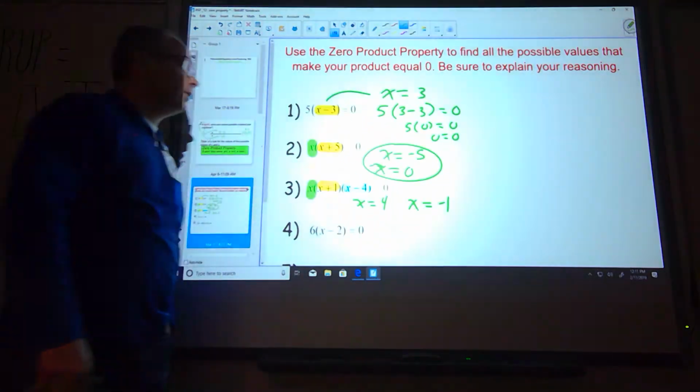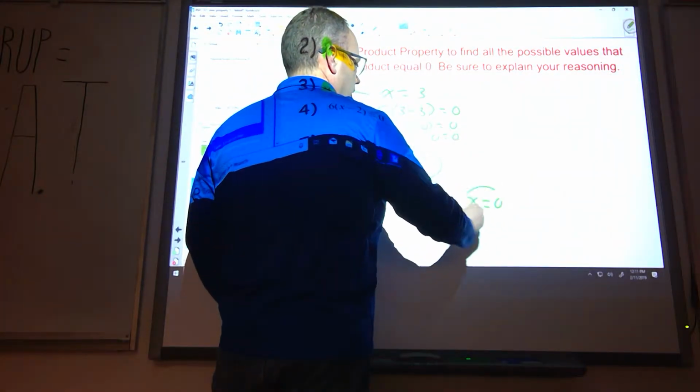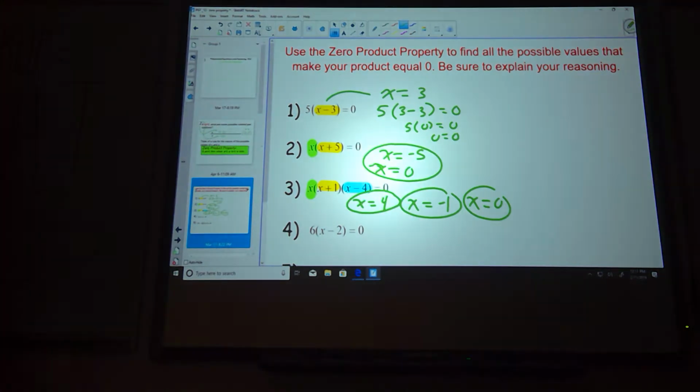Anything else? 0. Yeah. So now I have 3 solutions. So there are 3 ways to solve that problem. And what a solution also means is it will cross the x-axis at some point. Okay, but we'll get to that later.